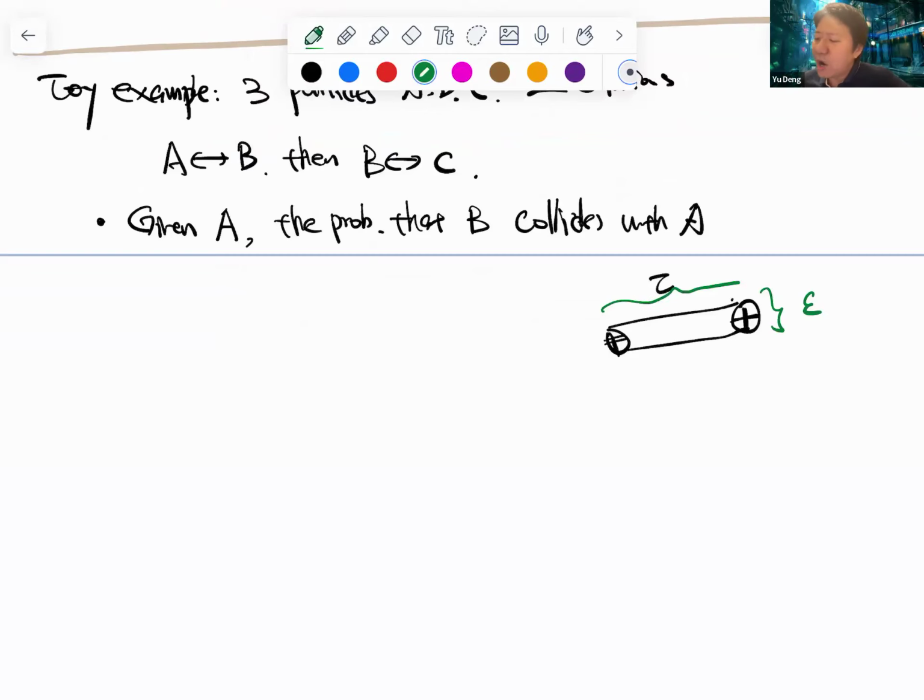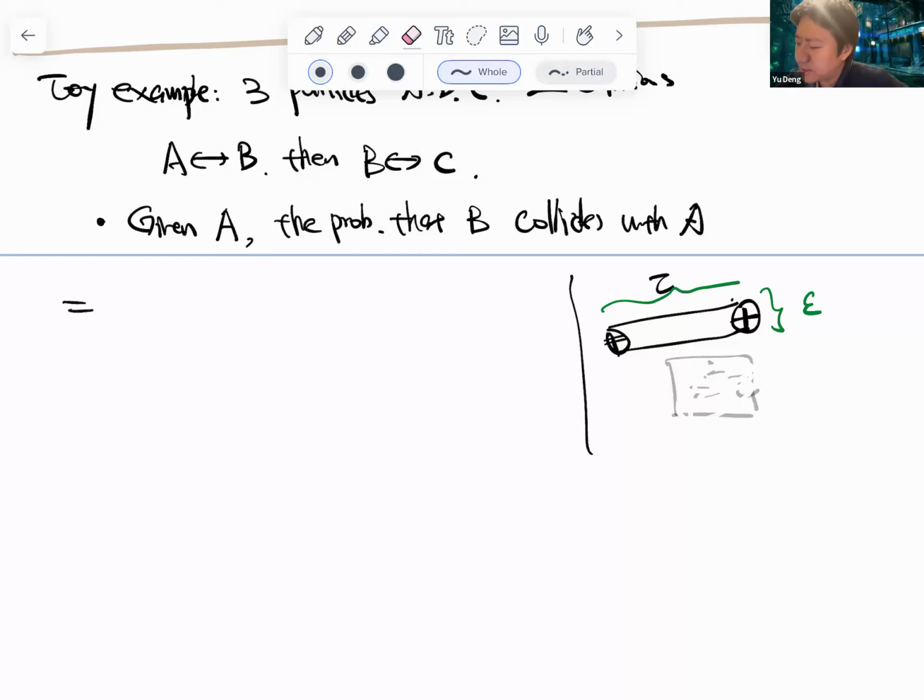So the volume of the whole thing is like epsilon squared times tau. The probability that B collides with A, of course, equals the volume.